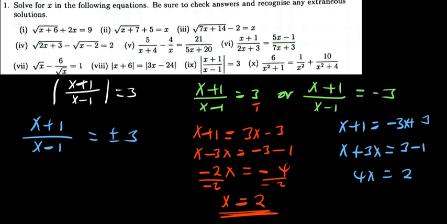Divide both sides by 4. x will be equal to 1 over 2. Now, I want you to help me try to plug in these values to see if you are going to get positive 3. So if we have any extraneous solution, let me know. So that is it for question 1.